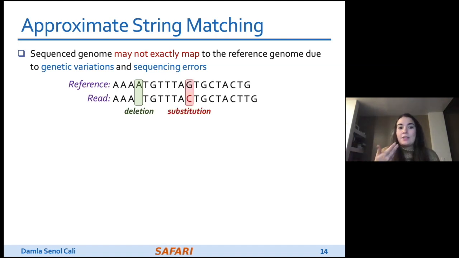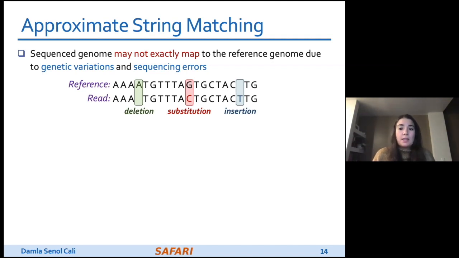Or we can expect substitutions, which means that one of the characters in the reference flips with another one. Here, for example, G does not exist, but instead we see a C there. And the other option is seeing insertions, which means that a character that doesn't appear in the reference can be introduced in the read. So these are the three common errors or edits we can expect.